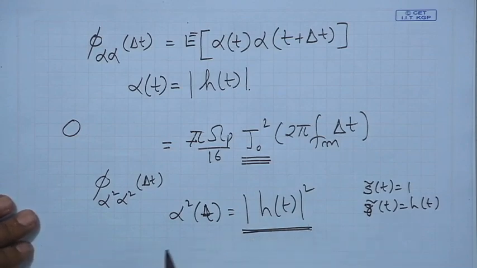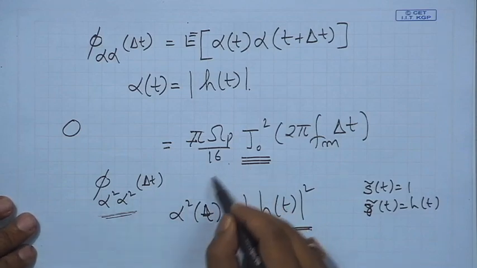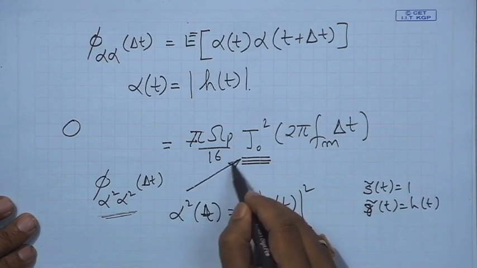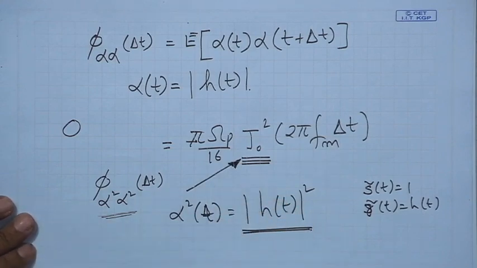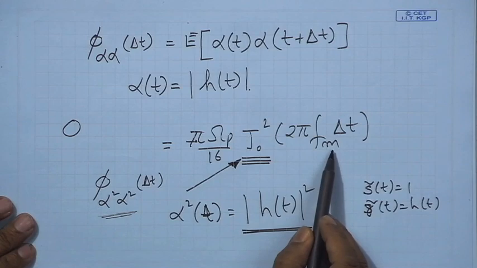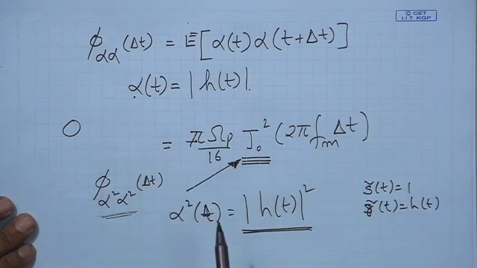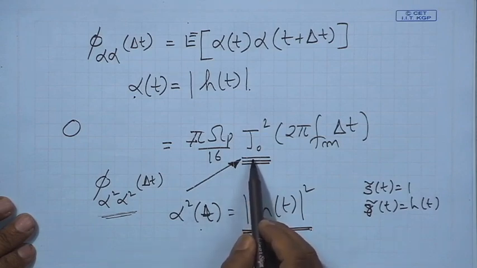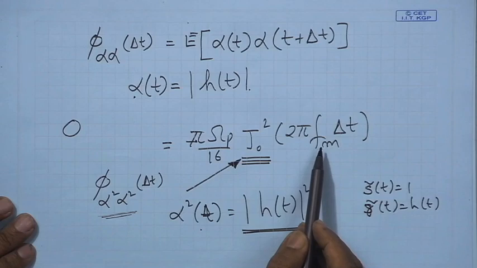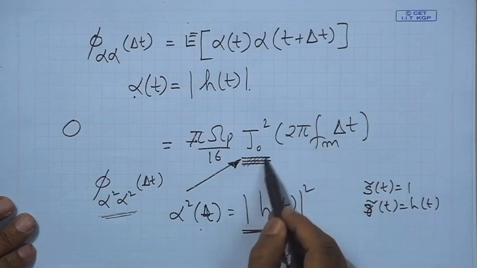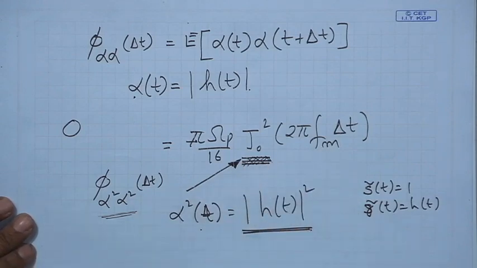So, when we study the correlation of alpha squared, we are basically studying the correlation of the signal strength. So, what we have over here is that the correlation of the signal is proportional to J0 of 2 pi fm delta t, whereas the correlation of the envelope alpha and the correlation of alpha squared are both proportional to J0 squared of 2 pi fm delta t. So, this is the underlying thing that we should remember in this particular discussion.